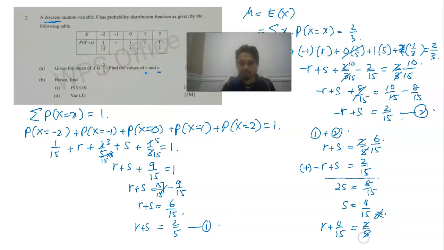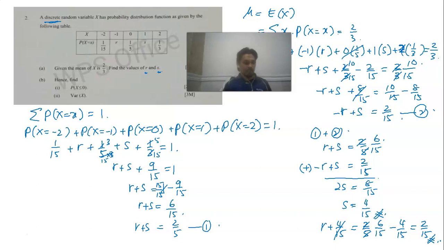Make this one as 5 times 3 equal to 15, and 2 times 3 equal to 6. So minus 4 over 15. Then r equal to 6 minus 4, equal to 2 over 15.